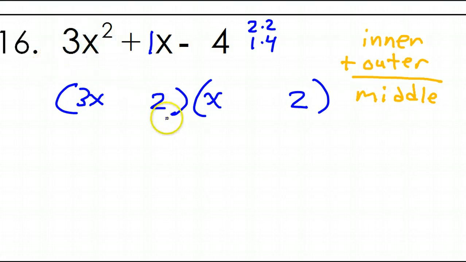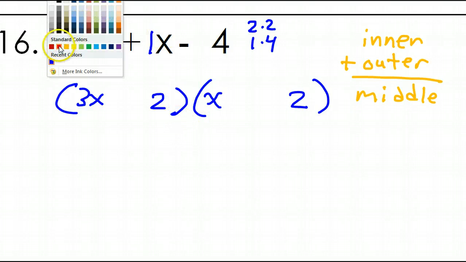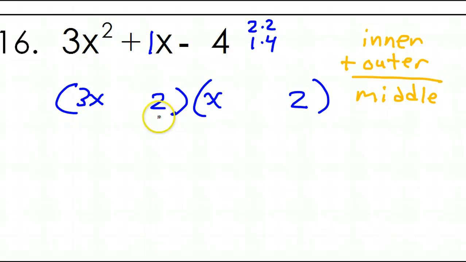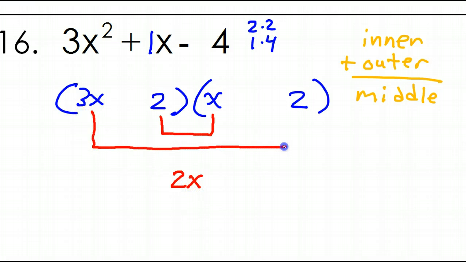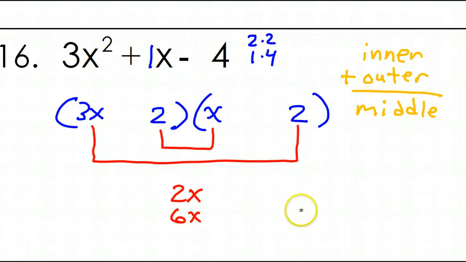Alright, so inner, I have 2x. Let me use a different color. Inner, when I say inner, I'm talking about these. So that's 2x. Okay, outer, I'm talking about these. I'm multiplying here. So this is going to be 6x. Now, the inner plus the outer have to equal the middle.